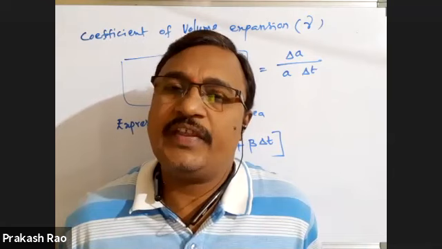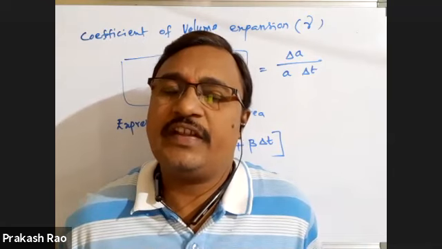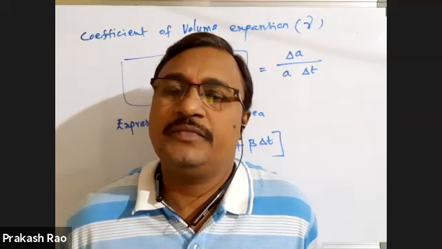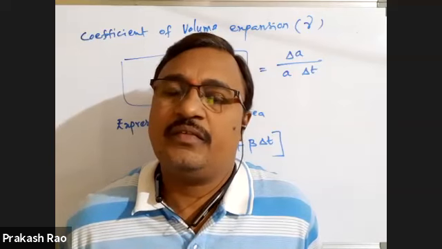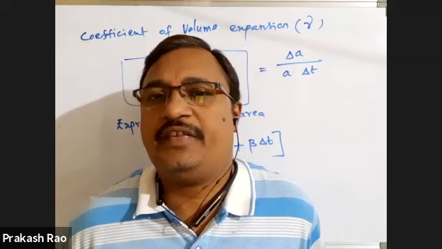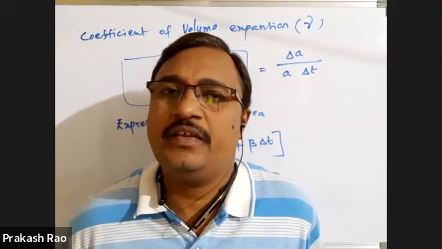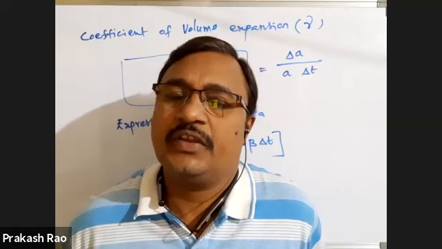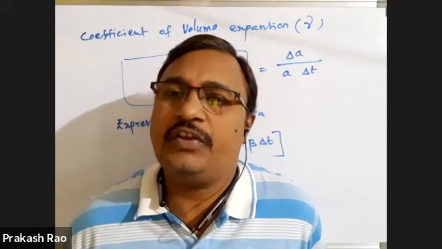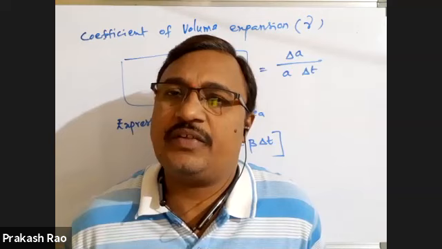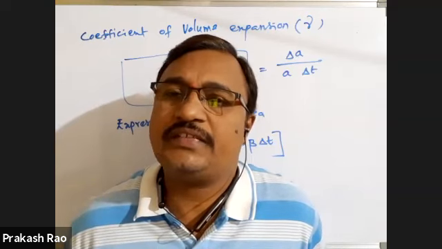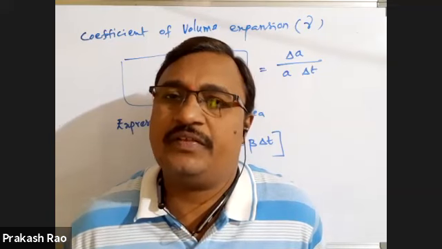The ratio of increase in volume per 1 degree centigrade rise of temperature to its original volume is called the coefficient of volume expansion. Understood? What is meant by coefficient of volume expansion? The ratio of increase in volume per 1 degree centigrade rise of temperature to its original volume is called the coefficient of volume expansion.